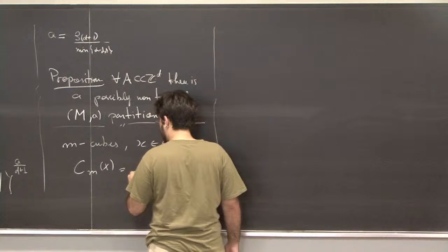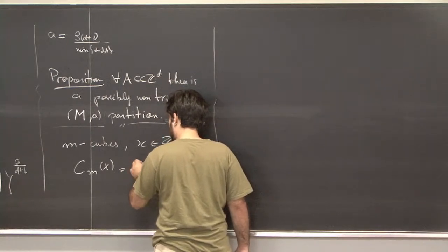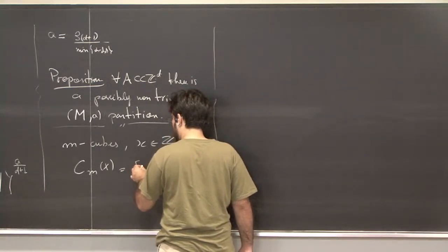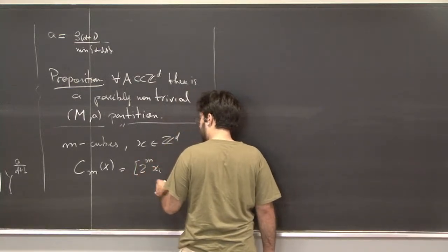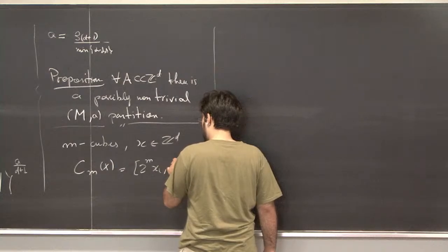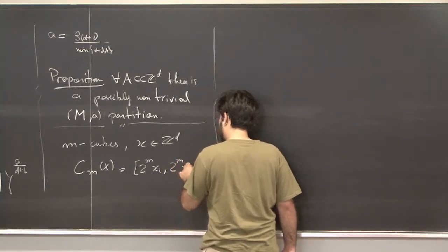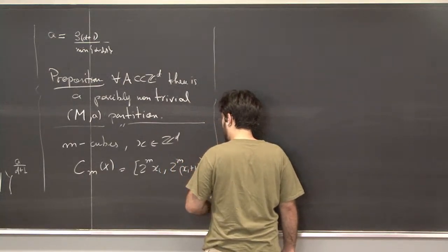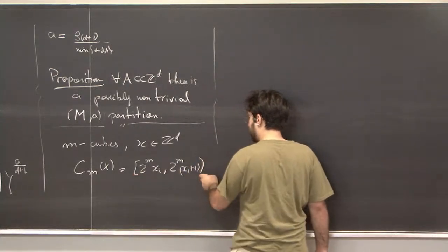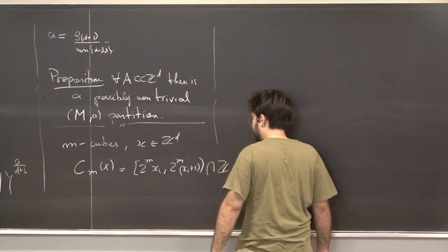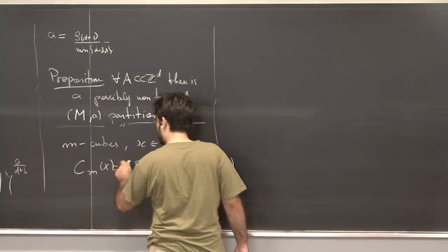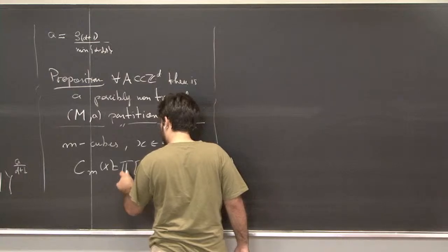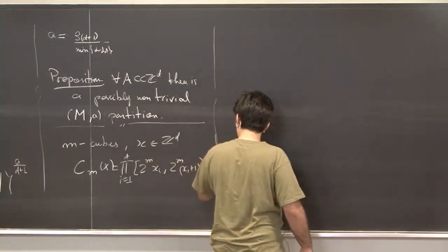What we do is that we take the interval from 2 to the power m x_i until 2 to the power m (x_i plus 1). This is an interval. Then we only look at the integer points, and then we take the product for each one of the coordinates.